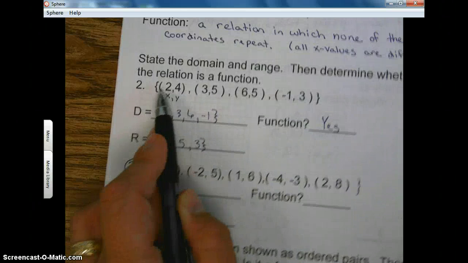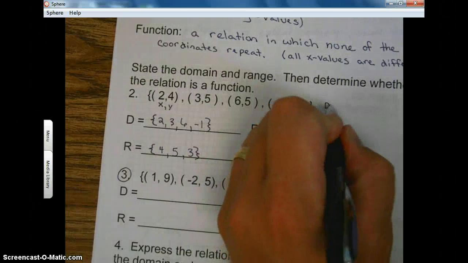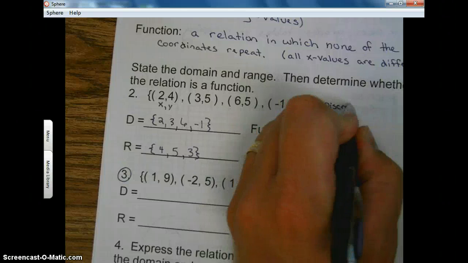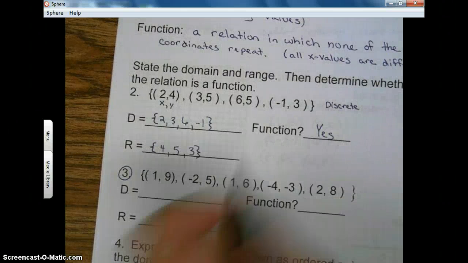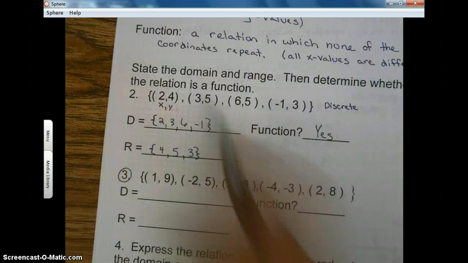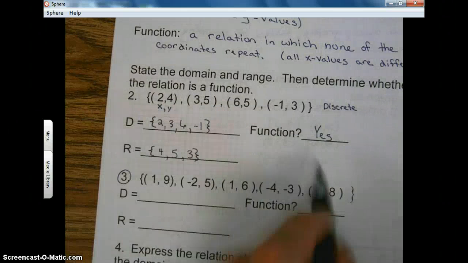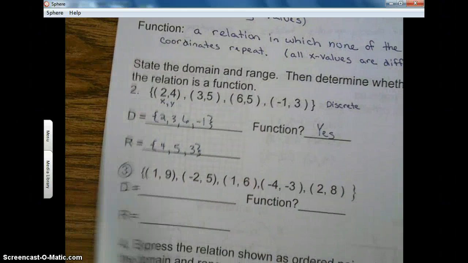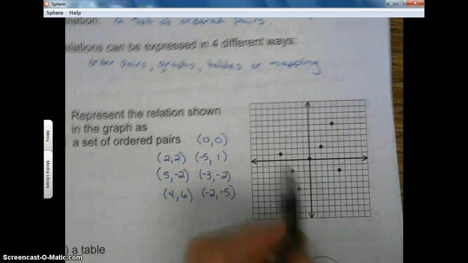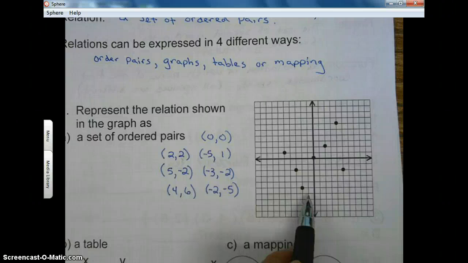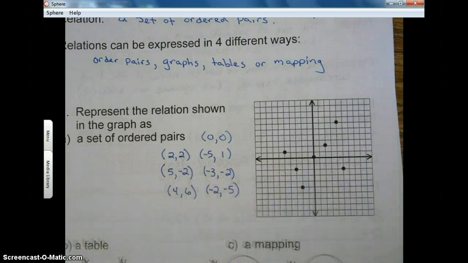This is called discrete data, because there are just 4 of them. We're not connecting the points. Nothing tells us to connect the points. On the front page, this is discrete data because they're individual points.